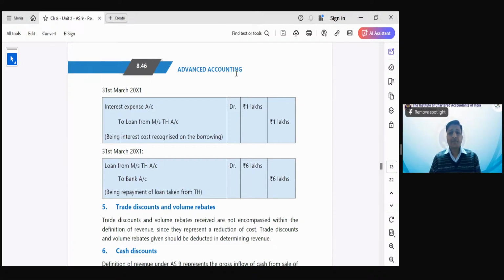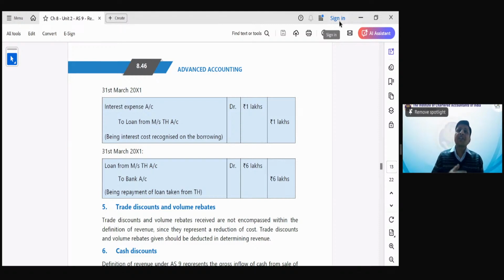Clear? All right. So quickly, before we move further, we have some more concepts around it. I'll just quickly discuss some small concepts with you. Many a times, in respect of a sale, a trade discount is given.